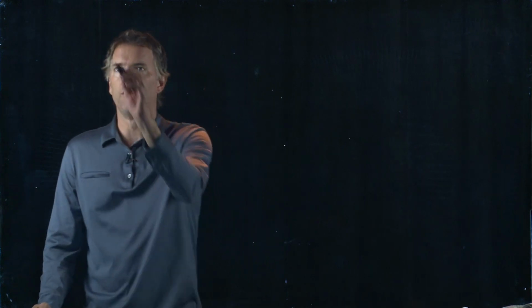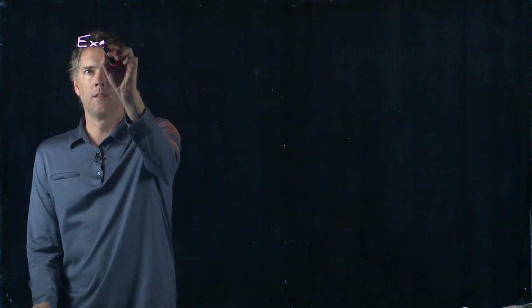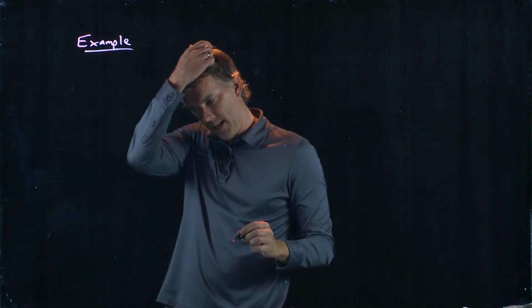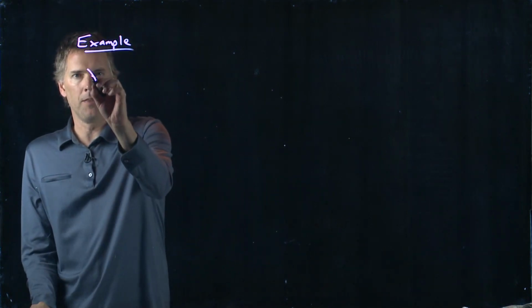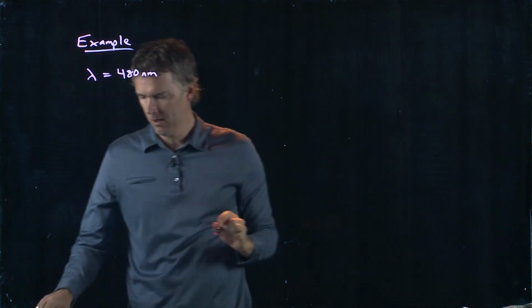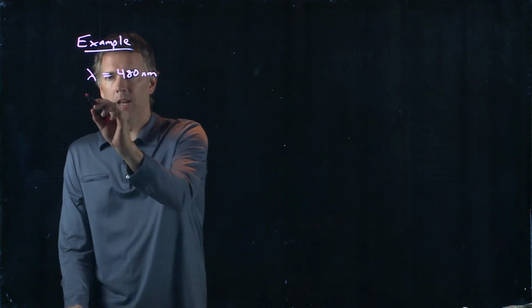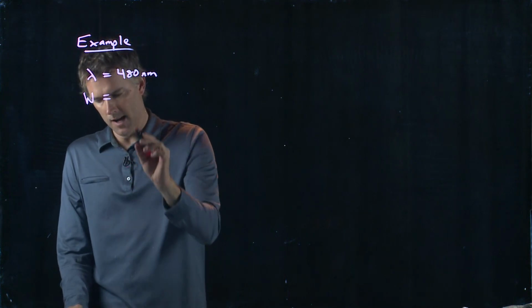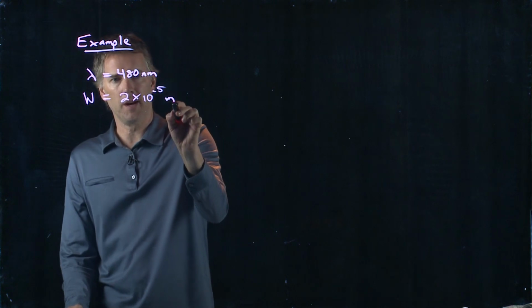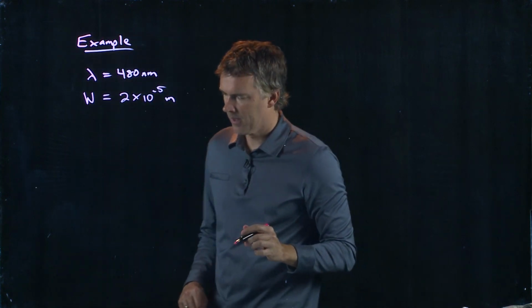All right, let's try an example, and let's do the following. Let's say that we're going to shine light through a slit. We will let the light have a wavelength of 480 nanometers. Let's use a slit W of 20 microns, so that's 2 times 10 to the minus 5 meters.